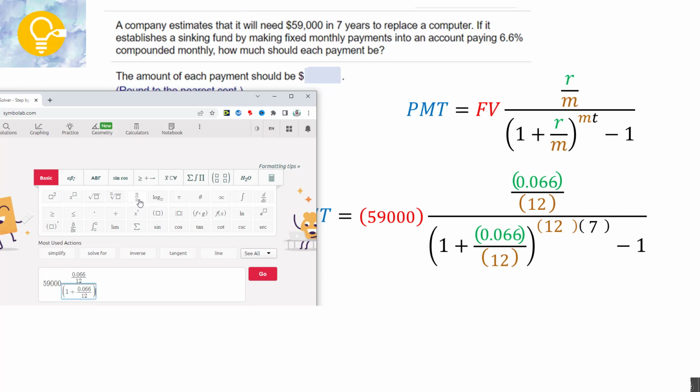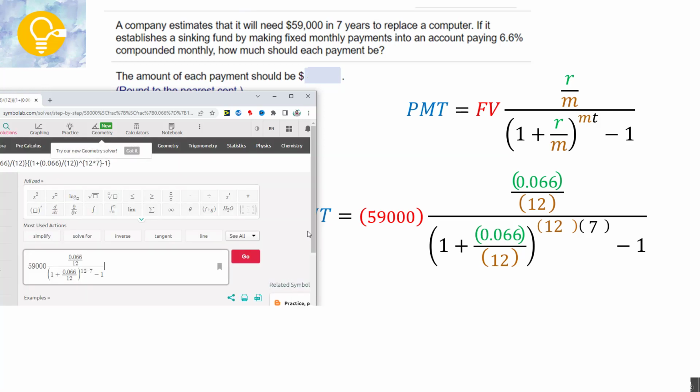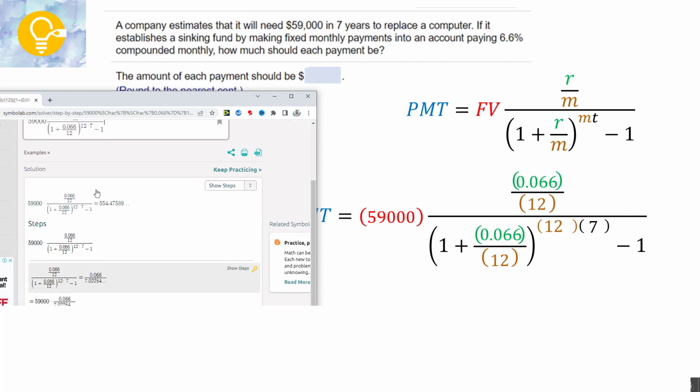Over arrow on the keyboard, we have an exponent, 12 times 7, then over arrow, minus 1. And let's go. All right, you need to write this number down. And let's go back to our equation.